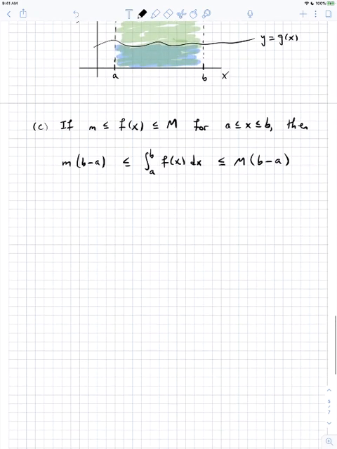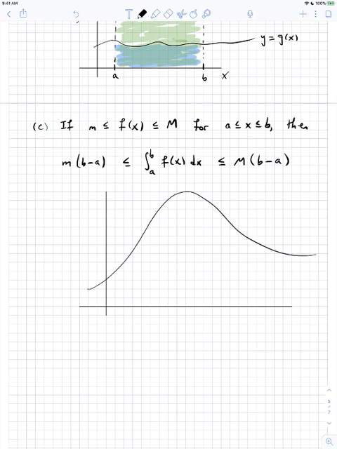Now what's the basic idea here? Well, here we're imagining that capital M is an upper bound and little m is a lower bound, so the maximum and minimum. So imagine that we have a graph like so, and imagine that you have some function that looks something like this. Let's say that this is y equals f of x. And let's say that over here is a, and over here is b.